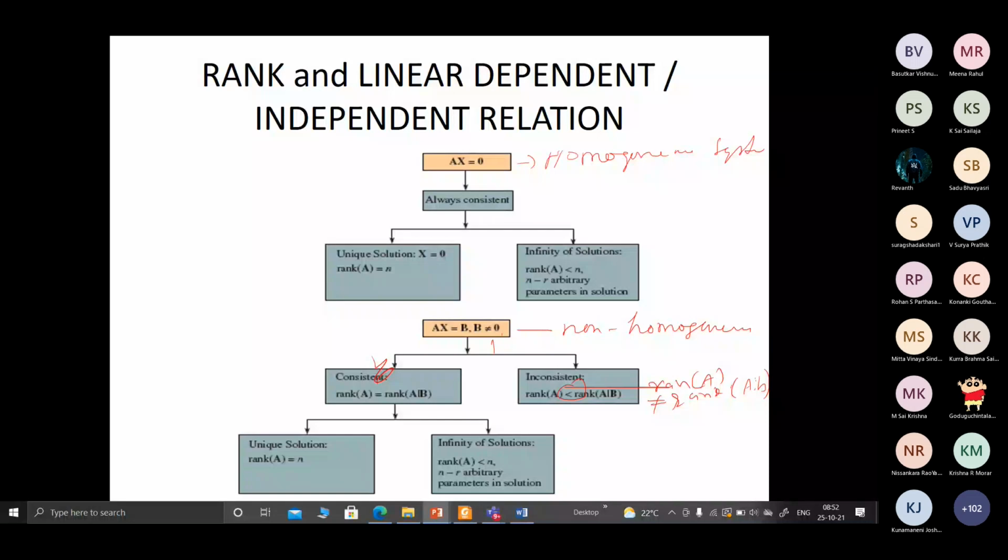Unique solution: the rank is the same as n, the number of columns. Infinitely many solutions: the rank is less than the number of columns, and the difference between the rank and the number of unknowns will be set as arbitrary values, and we produce the general solution. This is the broad idea.